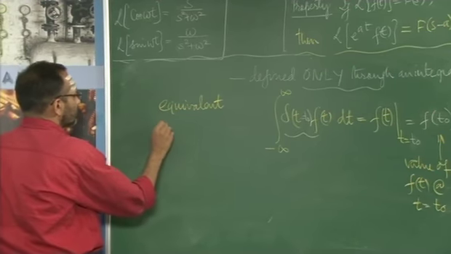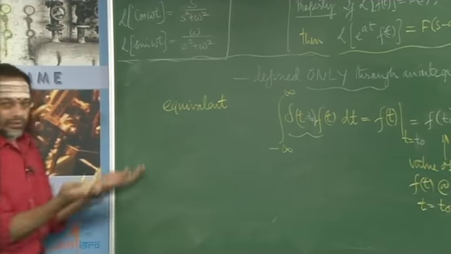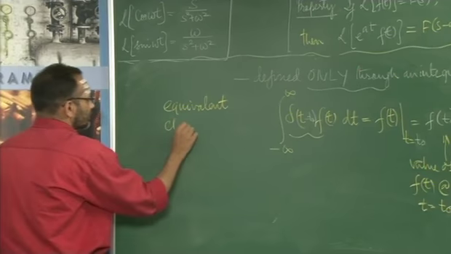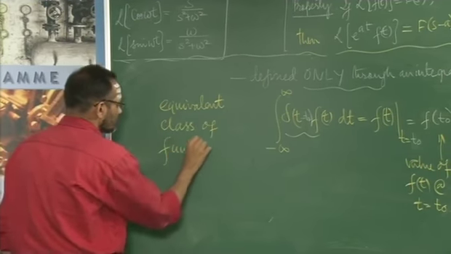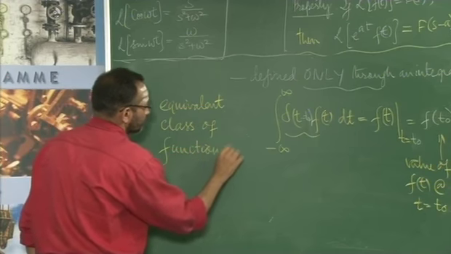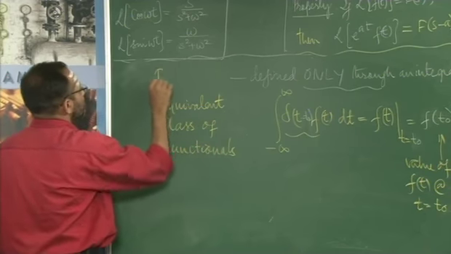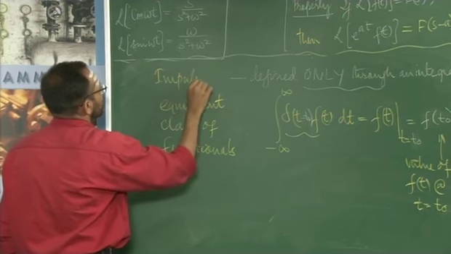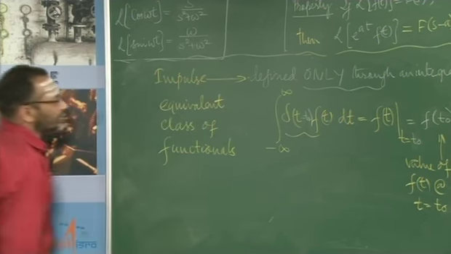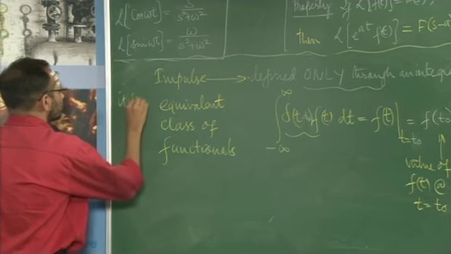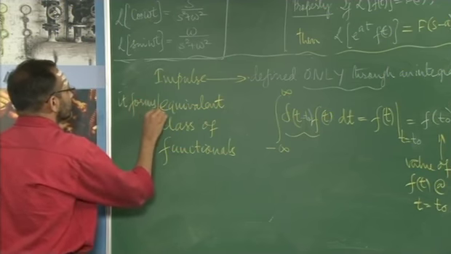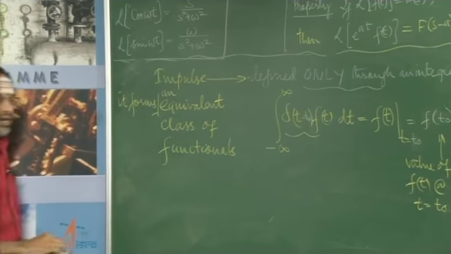Because they are equivalent, several of them are there. So, it becomes an equivalence class of what are called functionals. So, the impulse is defined only through the integral, and it forms an equivalence class of functionals.